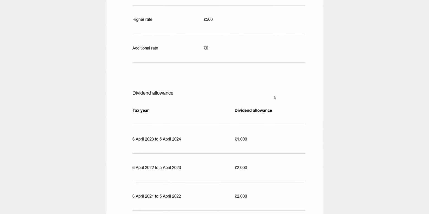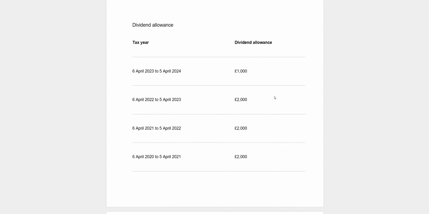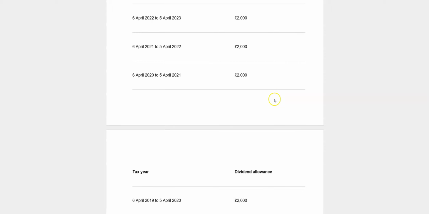Dividend allowance is fixed, so the first 1,000 is free, you don't pay any tax, regardless of your income. For the tax year 23-24, only £1,000 of dividend is exempted. It does not matter how much your income is. Dividend of 1,000 will always be exempted, so 0 rated.